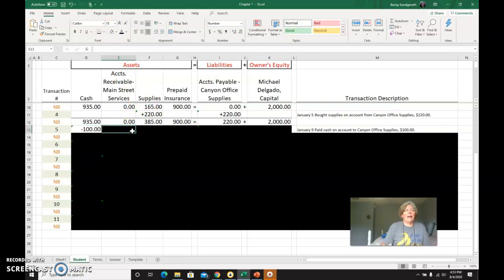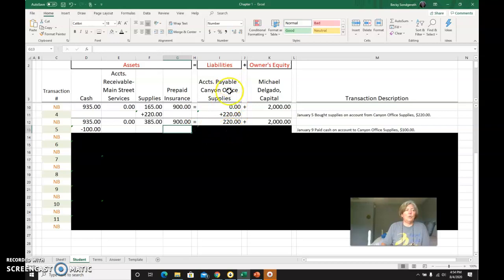Did anything happen to accounts receivable? No. Because it has nothing to do with receivables when I see those words on account when I am paying. Did anything happen to supplies? No, I didn't buy or sell any supplies, so nothing. What about insurance? No, nothing. I didn't buy an insurance policy.